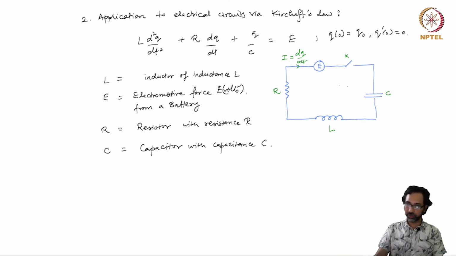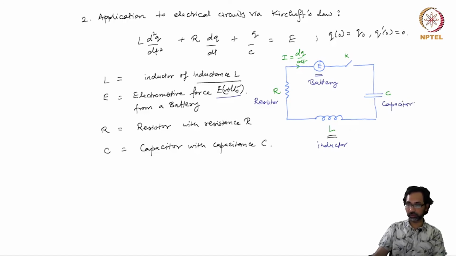Here we have a circuit where there is an inductor of inductance L, then we have E, a battery with electromotive force of E volts. So E is a battery, this is an inductor, this is a resistor, and this is a capacitor, and current is supposed to flow through this circuit when this switch is closed.